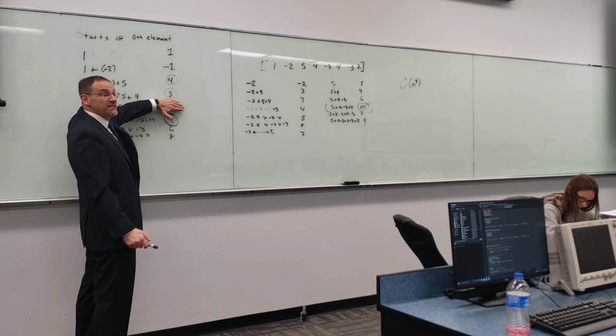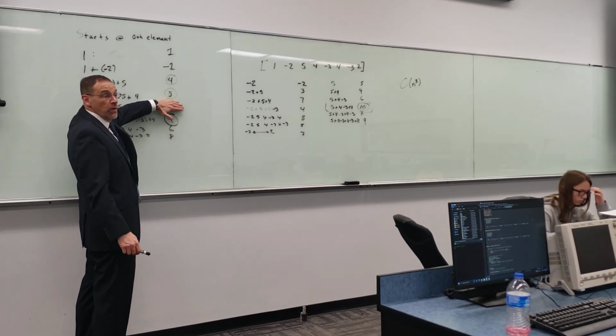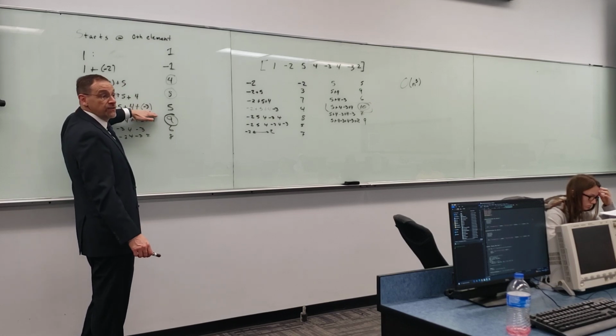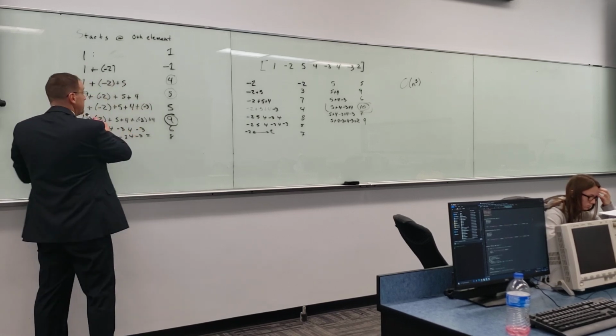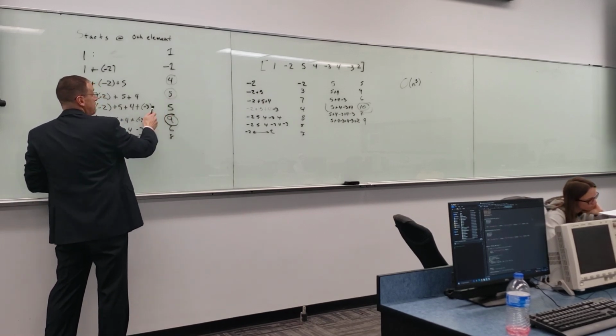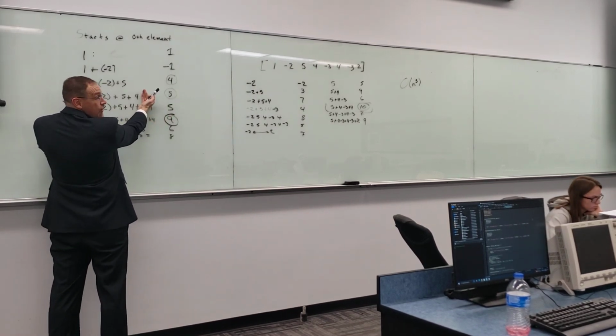If I know that my sum last time was an 8, and I'm going to add in a -3 to it, I don't have to calculate all of this again. I just have to do 8 minus 3. Because that, I already know. I already added that up. That is 8. So I don't have to calculate that again.